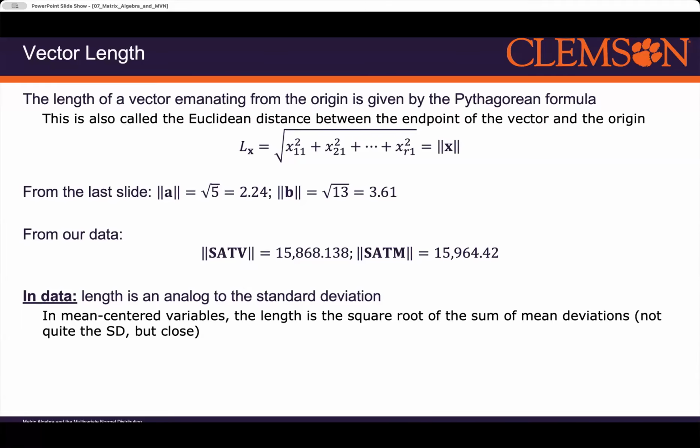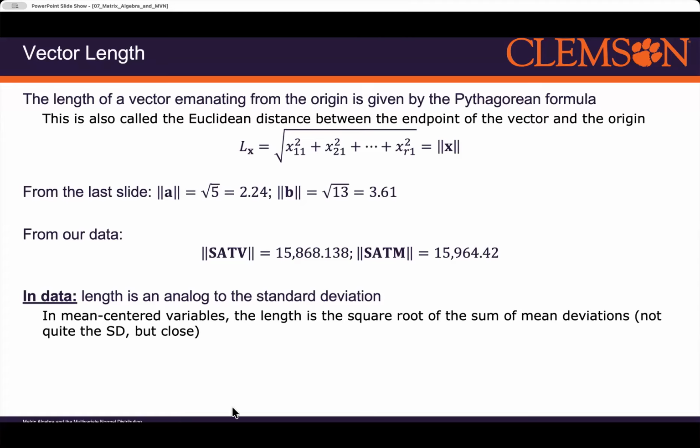We're describing length. In our data, the length of the SAT verbal is 15,868.138. And the length of SAT math is 15,964.42. Now, interestingly, the length of a vector is analogous to its standard deviation. By analogous, I mean related to, right?